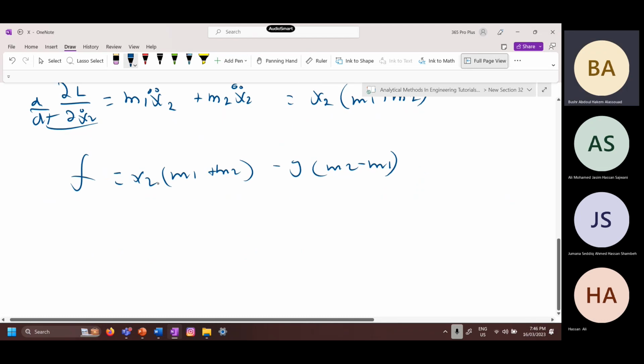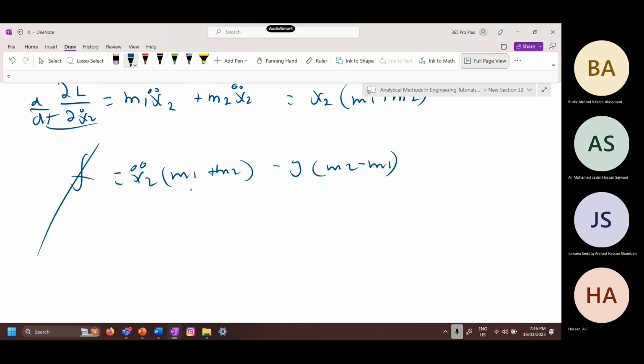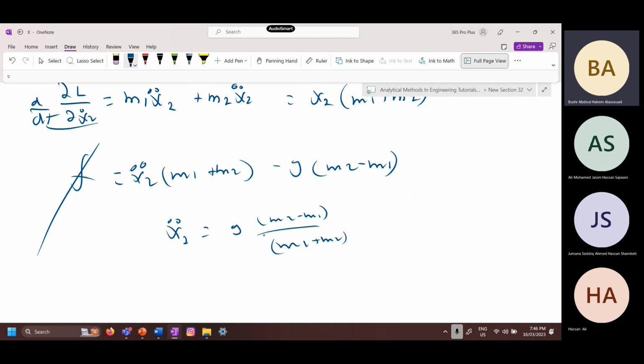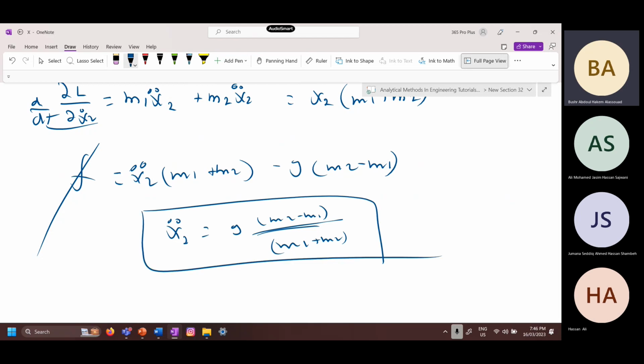Now to find the acceleration of this system, this is conservative, rearrange this and you will get that x2 double dot is equal to g (m2 minus m1) over (m1 plus m2). This is going to be familiar from physics 1.